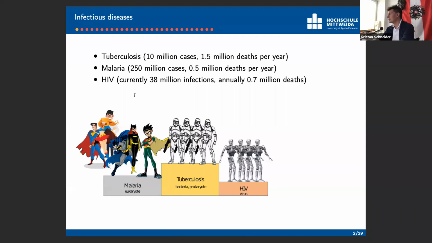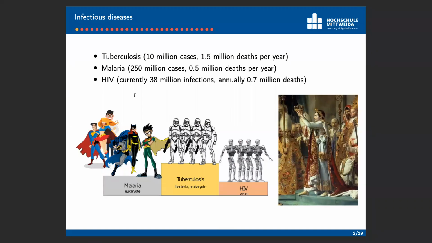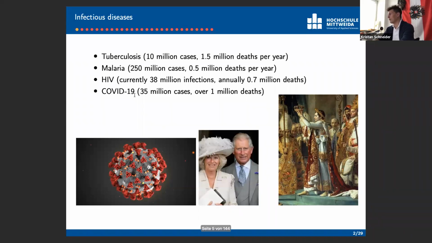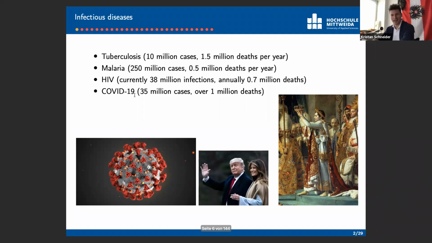And since this year, a new pathogen obviously crowned itself, known as coronavirus, that by now has caused 35 million confirmed infections and officially over 1 million deaths, with a much higher number of unreported cases, obviously. It also infects royals and other prominent people, and even today the U.S. president and his first lady were tested positive.